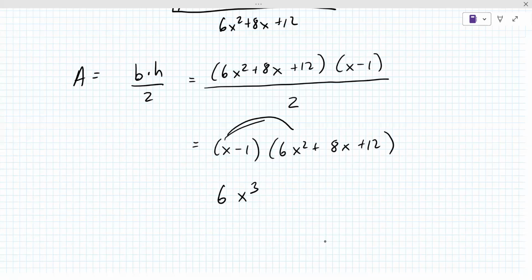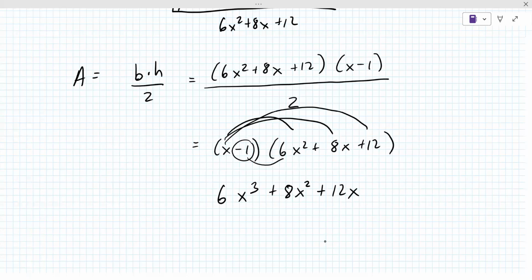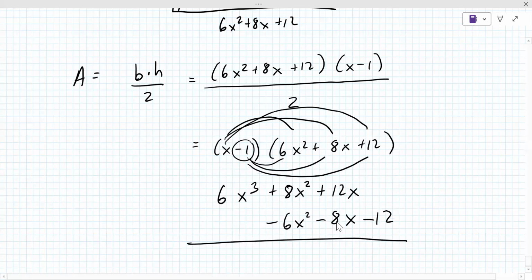Then x times 8x is 8x squared. And then x times 12 is 12x. Then you have to do the negative one times each of these. So that becomes negative 6x squared, and then negative 8x, minus 12. There's typically an overlap of two terms here: 2x squared and 4x. Yes.